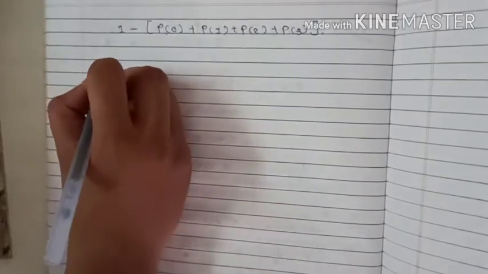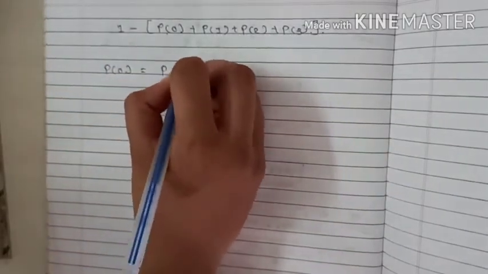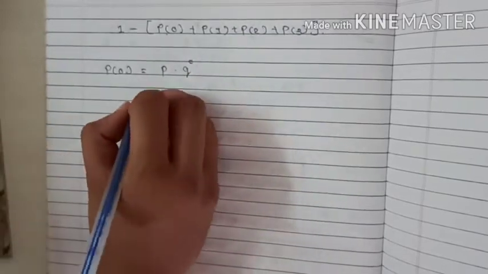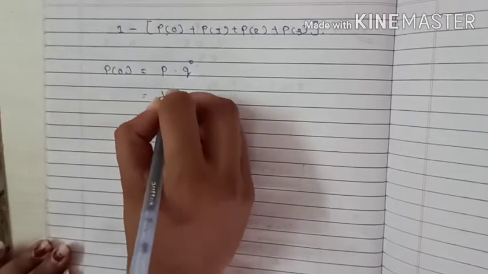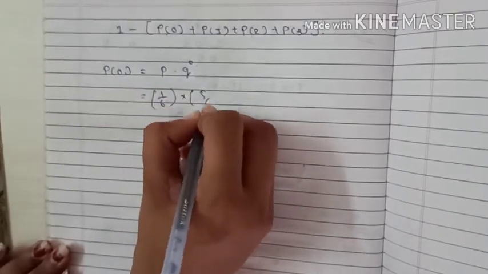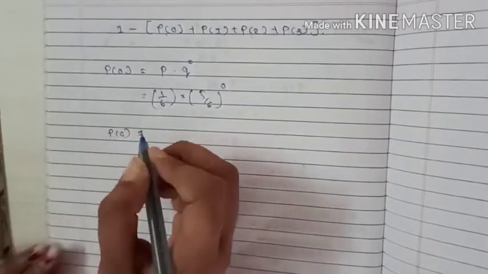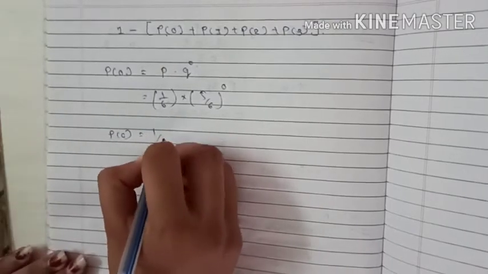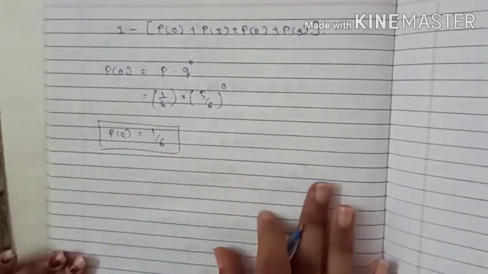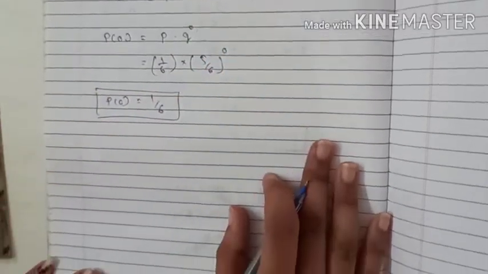Let's find out. P0 is equal to P into Q to the power X. P is 1 by 6 and Q is 5 by 6 raised to 0. So P0 will become 1 by 6. In the same way we have to find out P1, P2 and P3.